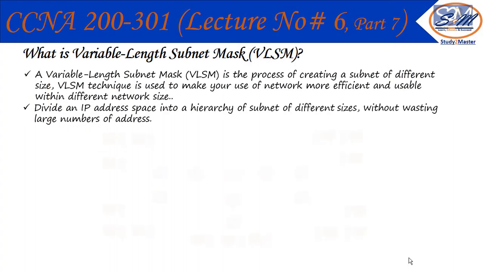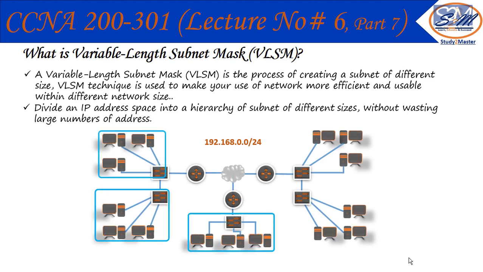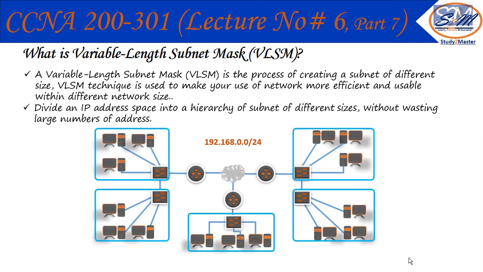What is VLSM? Actually, the meaning of VLSM is to divide a given IP address into multiple unequal sizes. So a Variable Length Subnet Mask, or VLSM, is the process of creating subnets of different sizes. The VLSM technique is used to make your use of the network more efficient and usable within different network sizes.